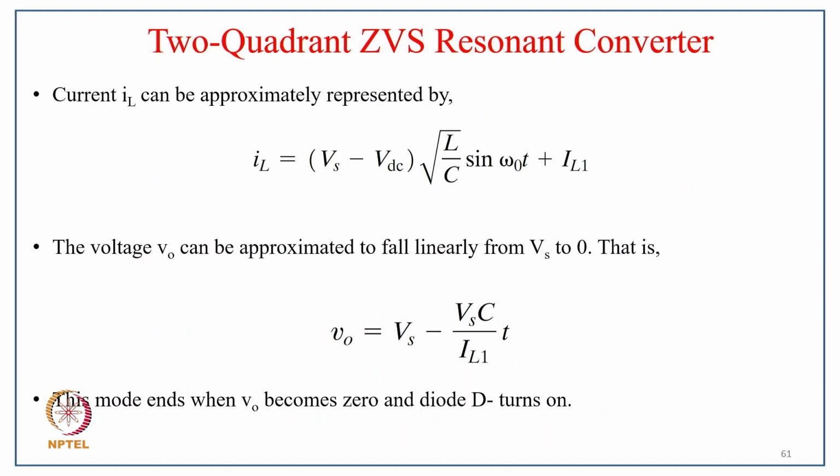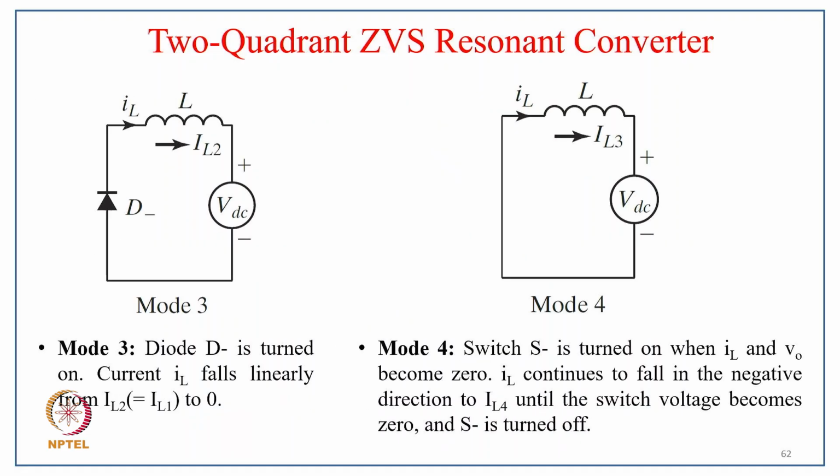So the current IL can be represented by IL equal to (Vs minus VDC) under root L upon C sin omega 0 t plus IL1, and the voltage V0 can be approximated to fall linearly from Vs to 0, that is V0 equal to Vs minus IL1 into t divided by C. This mode ends when V0 becomes 0 and diode D turns on.